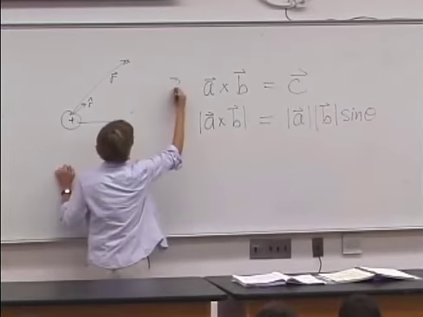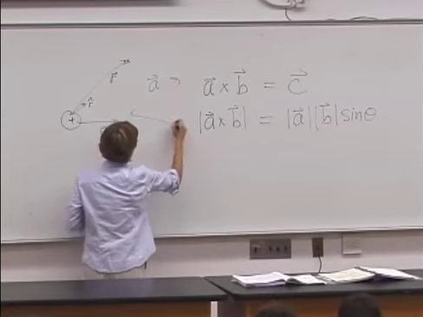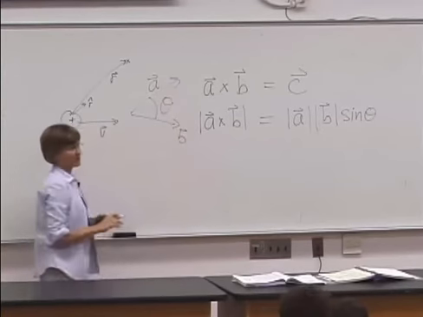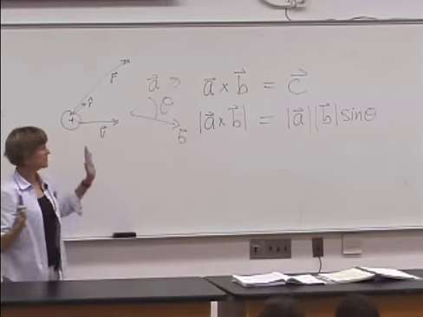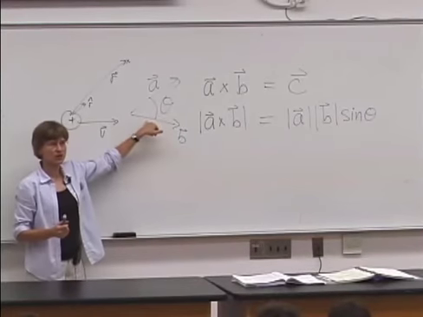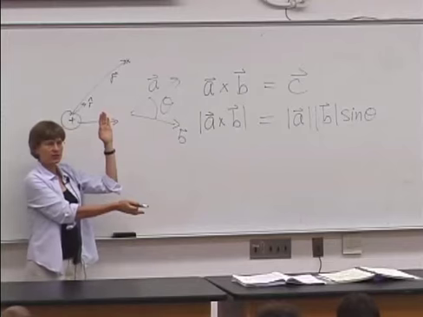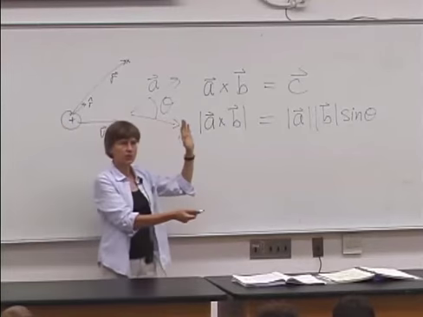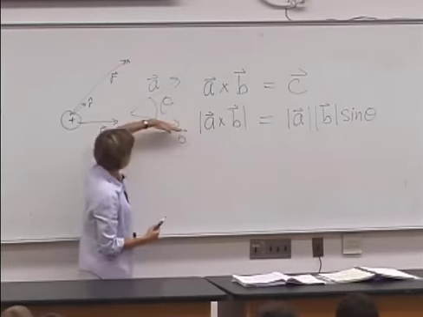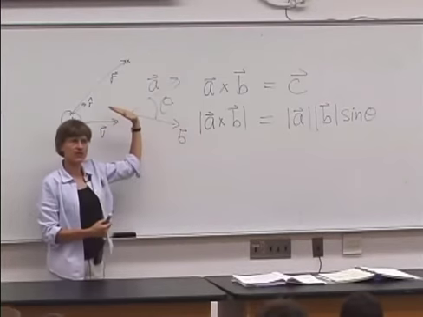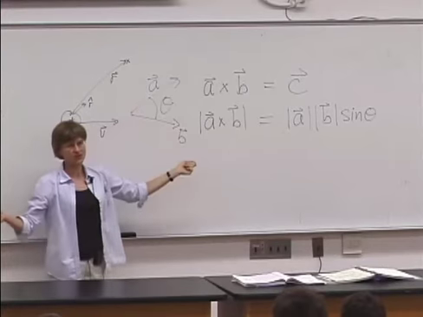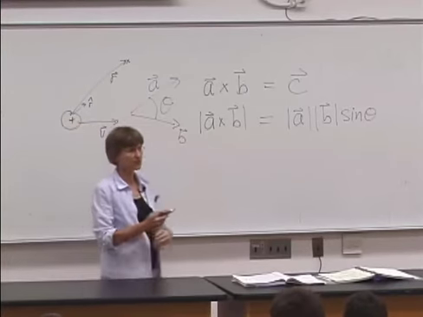So if this is A, and that's B, and that's theta, AB sin theta is the magnitude of the cross product. Does that correspond to what we saw? When the two vectors were at right angles to each other, sin theta was 1, and we got a big purple arrow. When the two vectors were either on top of each other or anti-parallel, sin theta was 0, and we got 0. So that's the magnitude.